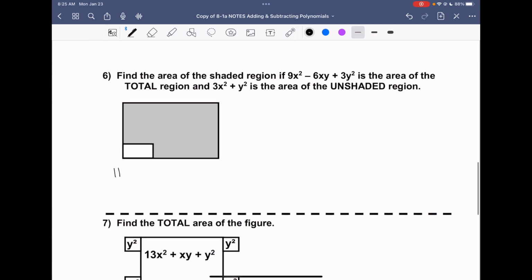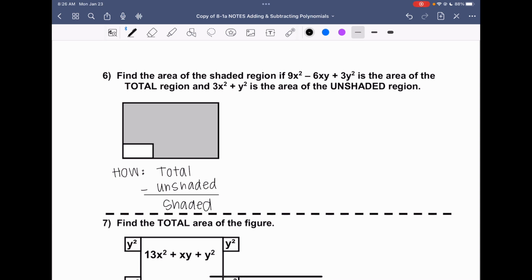So how we're going to solve it is you take the total region that it gives you and you subtract the unshaded region that it gives you to find the shaded region. So same thing. If it wants you to find the unshaded region but gives you the shaded region, then you would do the opposite. You would take your total and subtract the shaded region.